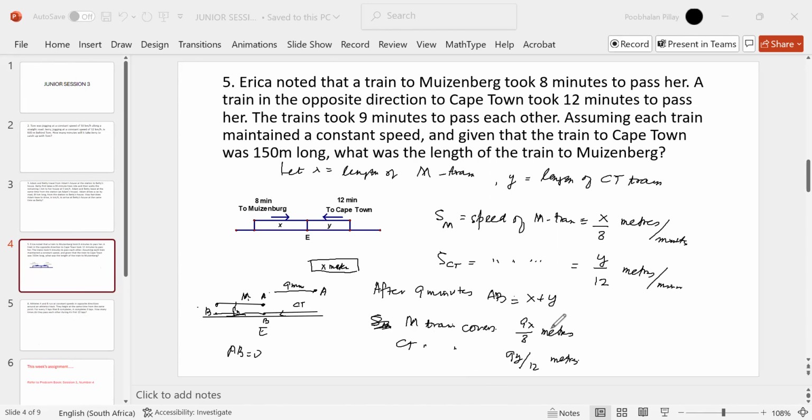Right. So on the one hand, the distance AB is also equal to 9x over 8 plus 9y over 12.